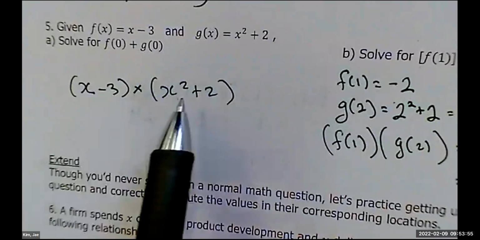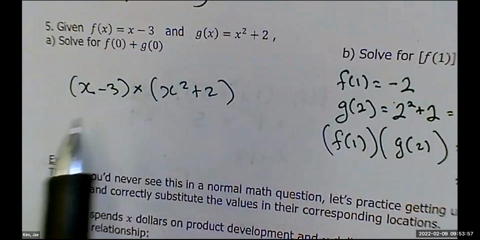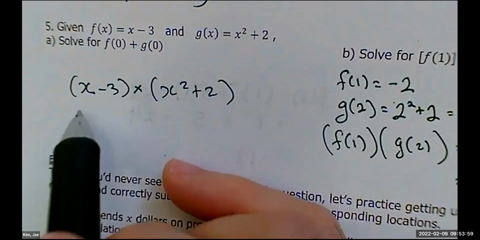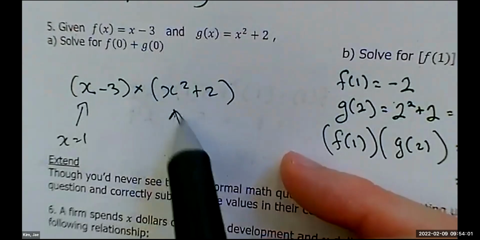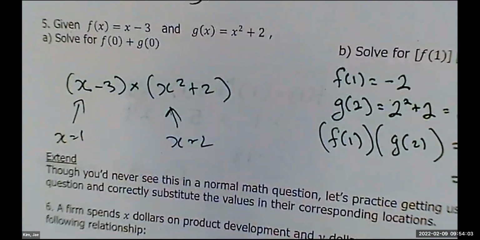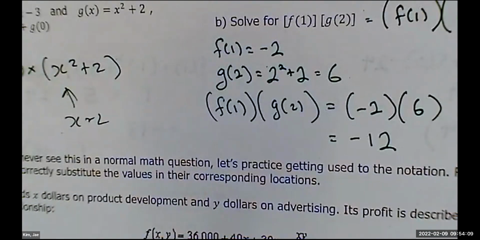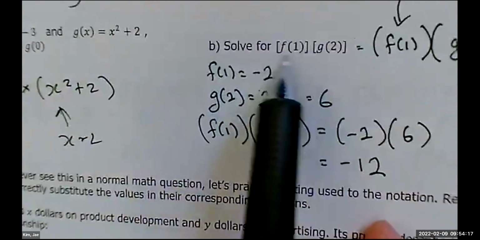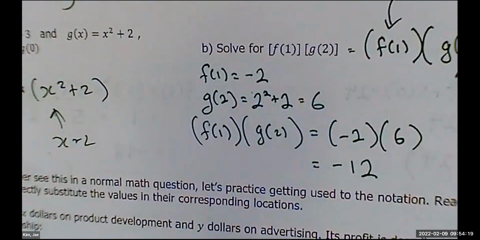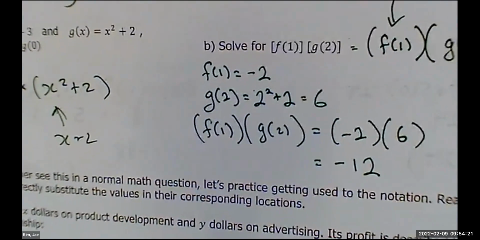Because this is f of x and that's g of x. Multiply f of x and g of x, but this x is a 1 and that x is a 2. That's pretty confusing, right? And so it makes it very efficient as the questions get more and more complex. So I hope you're buying into this, that you're going to be okay with this kind of notation throughout the rest of the semester, and do this sheet for me.